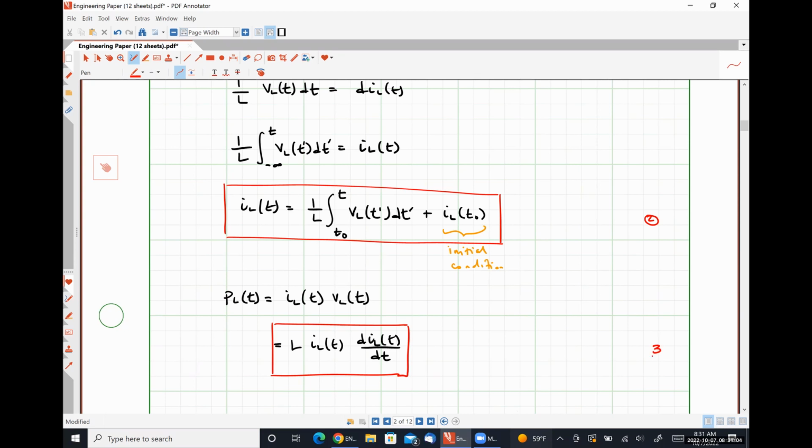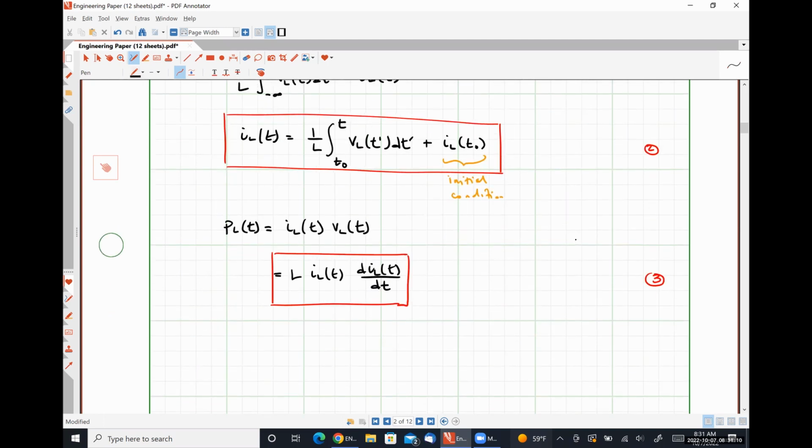So this is equation 3. And since energy is simply the integral of power, we can now develop a relationship for the energy stored by an inductor. Okay.